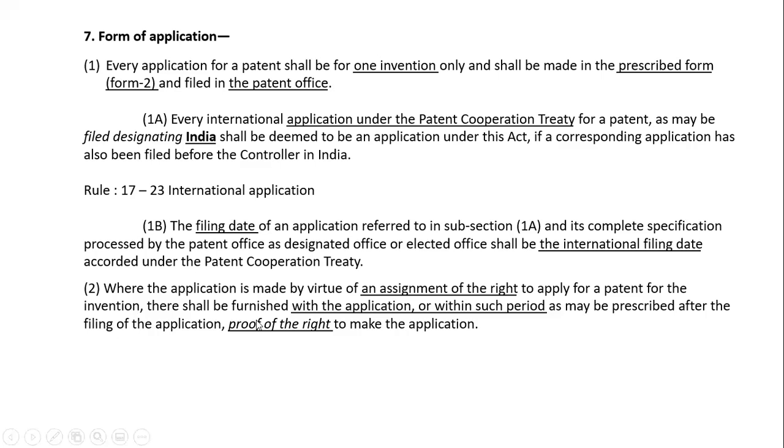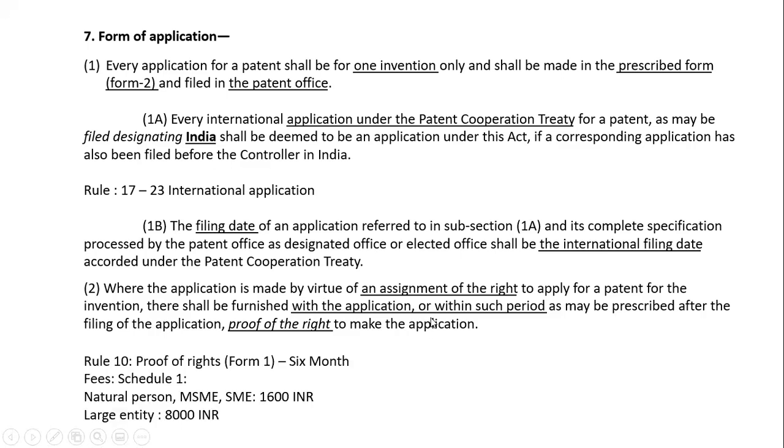Where the application is made by virtue of an assignment of the rights to apply for a patent for the invention, that shall be furnished with the application or within such period as may be prescribed after the filing of the application. Proof of the right to make the application. So rule 10 of proof of the right, form 1, which we have to submit within 6 months of time.